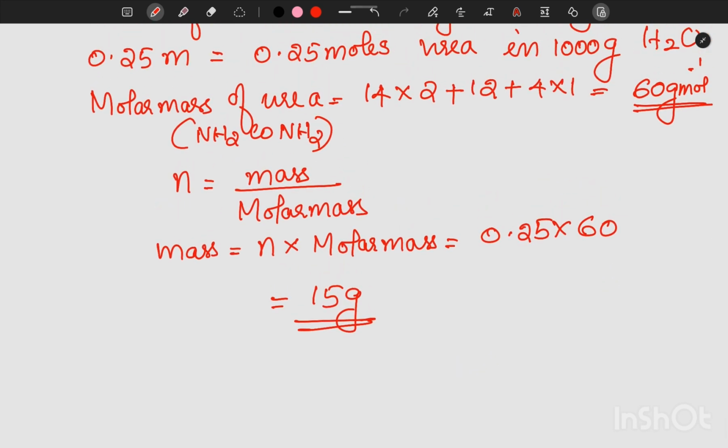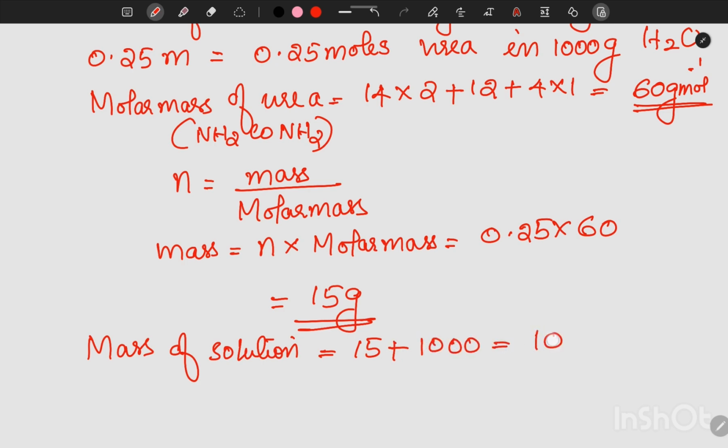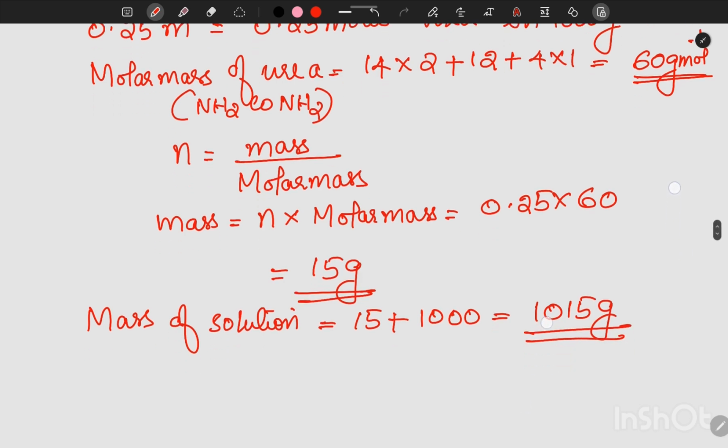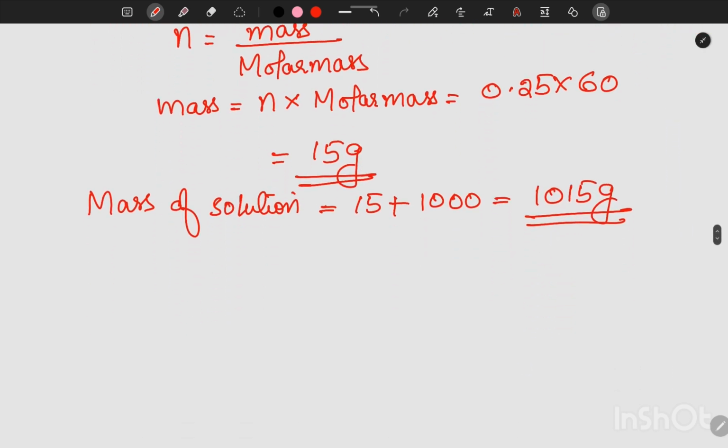So the total mass of solution is equal to mass of solute, urea 15 gram, plus mass of solvent. So 1015 gram. So 1015 gram solution contains 15 gram urea.